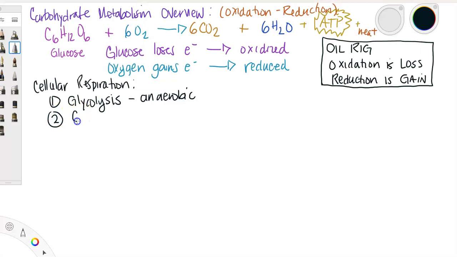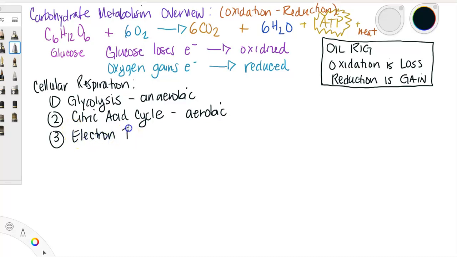The second thing is the citric acid cycle, also called the Krebs cycle, but we're going to call it the citric acid cycle. This, of course, requires oxygen, so this is aerobic. And then the last thing that occurs is the electron transport chain. So we're going to go through all of these three processes.